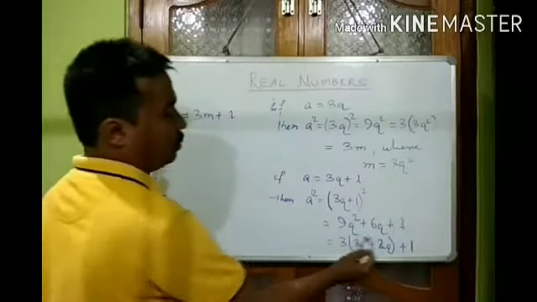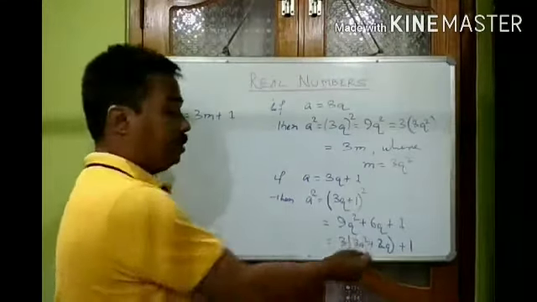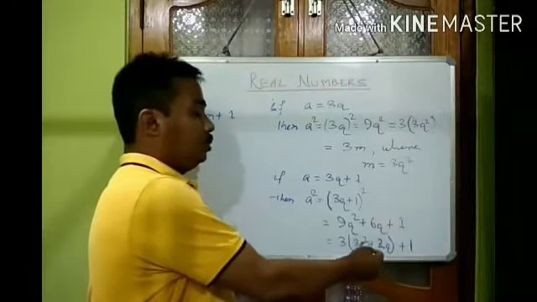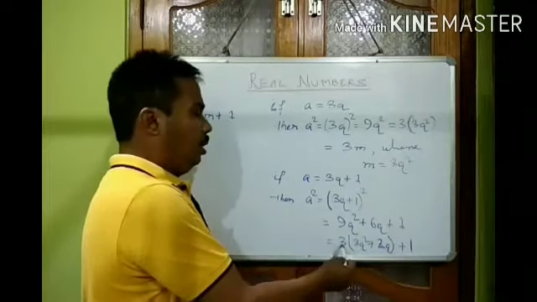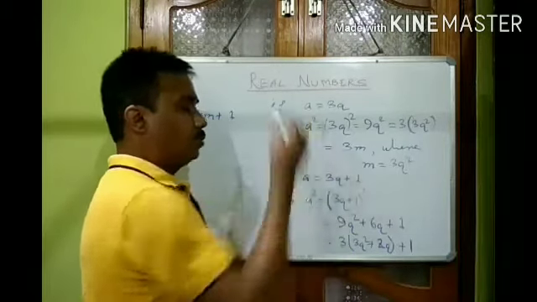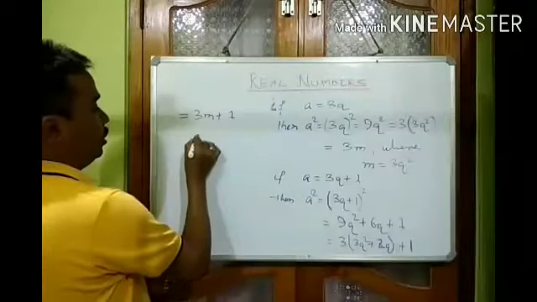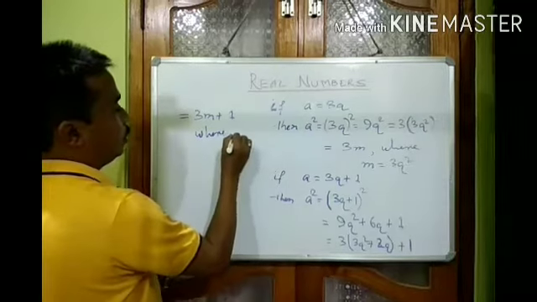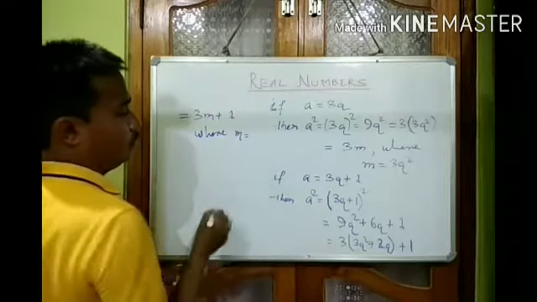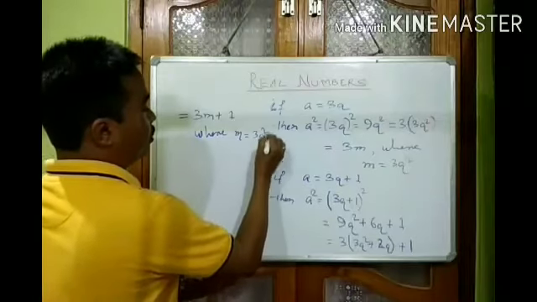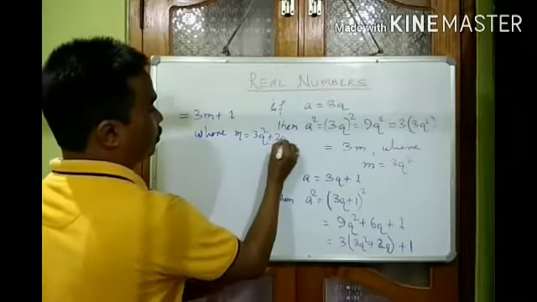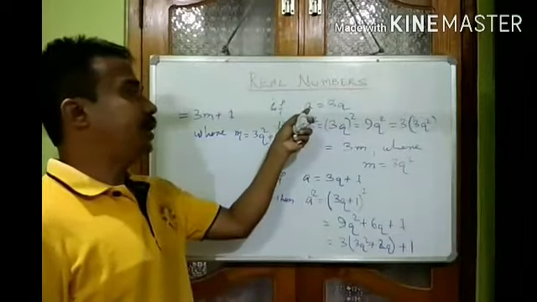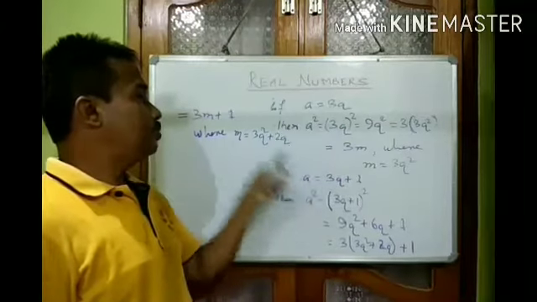If we write m in place of 3q square plus 2q, then a square is equal to 3m plus 1, where m is equal to 3q square plus 2q. So two cases we have discussed.